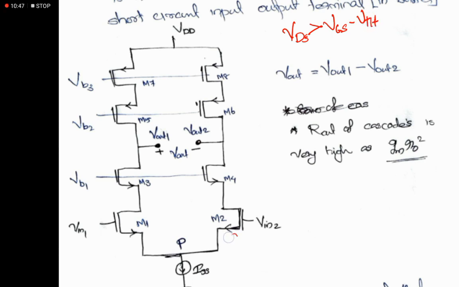So if we have an overdriven voltage for these two, then the minimum value of V out is equal to the overdriven voltage of these two, VO4 plus VO2, because it must keep a minimum voltage equal to the overdriven voltage of these two. Overdriven voltage is nothing but VGS minus VTH.